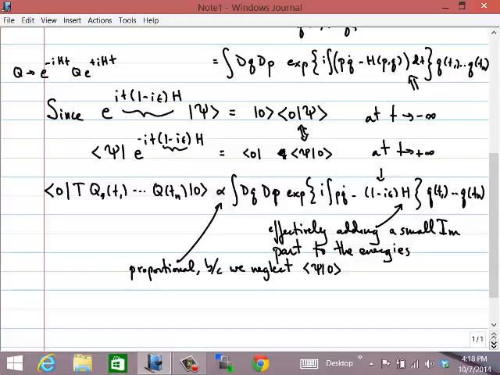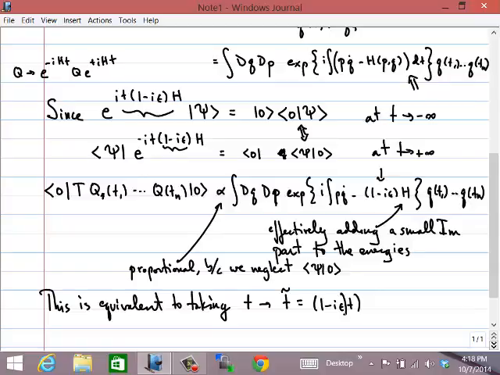And as we mentioned at the end of the class last time, this is equivalent to taking t to some modified time coordinate, where we rotate it by a factor of 1 minus i epsilon.